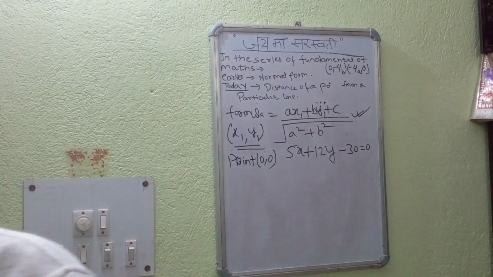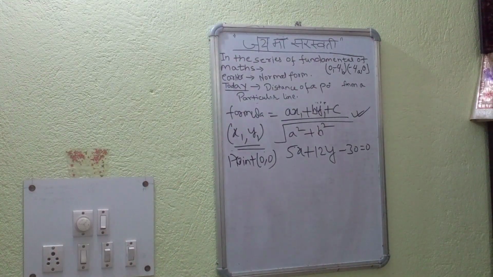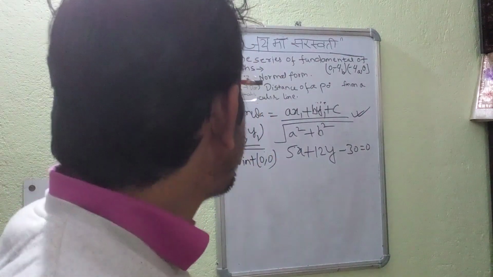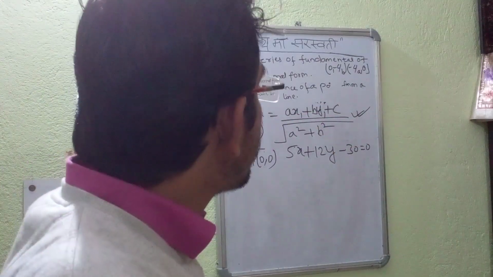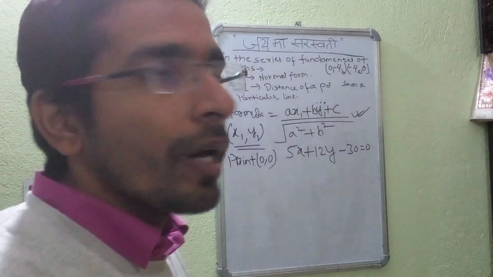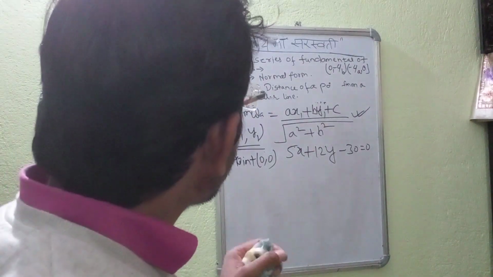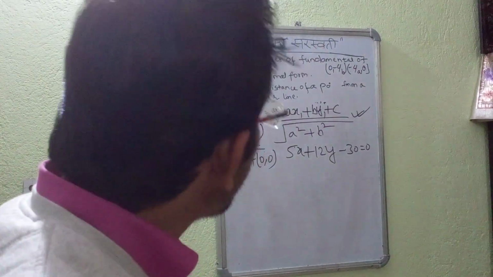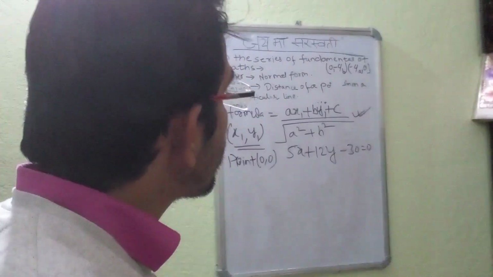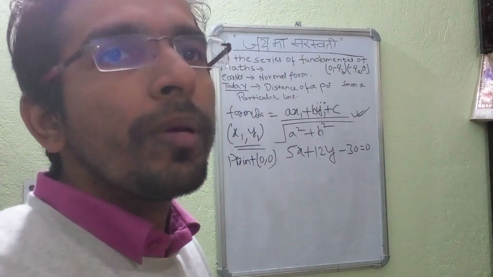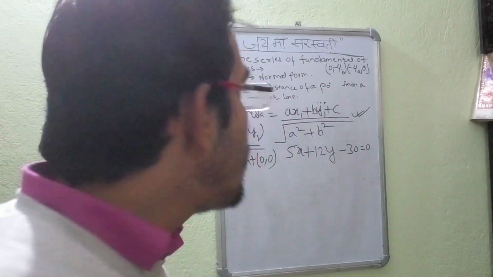In this case, we will be using the equation ax1 plus by1 plus c by under root a square plus b square. In this equation, we have to carefully find out what is the value of x1, y1, a, b and c, and a square plus b square. Thereafter only we will be able to calculate the distance easily.